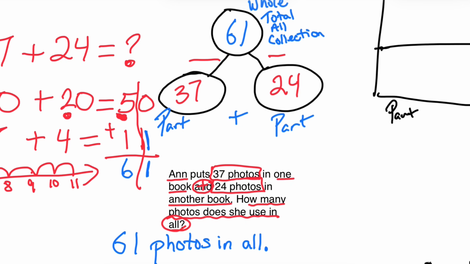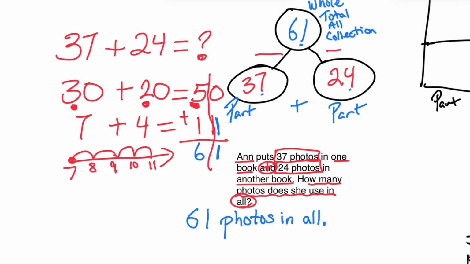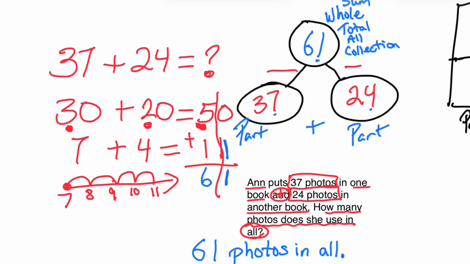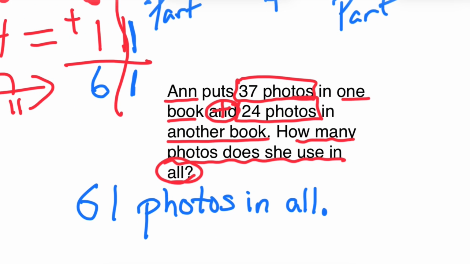I could check by saying 7 plus 4 is 11, and then regrouped and made a new 10. So 3 tens plus 2 tens is 5 tens, plus 1 more is 6 tens. You could always check by subtracting: 61 minus 24 gives us 37, and 61 minus 37 gives us 24. So this is how to solve this word problem of the day.